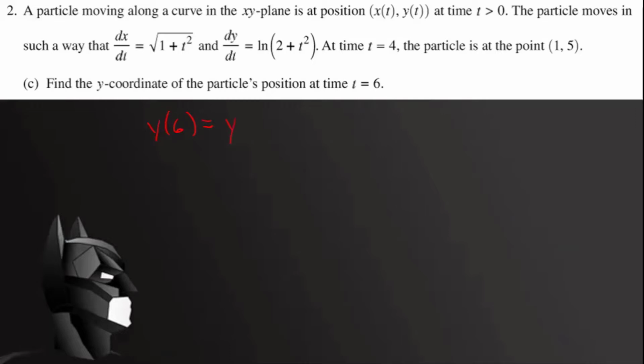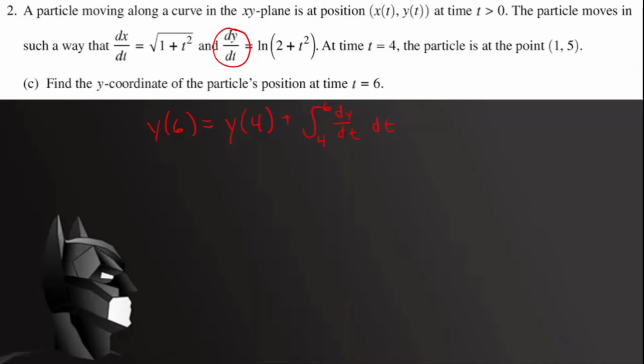So we're going to use the position at 4 seconds plus, and we need to integrate our velocity, which is dy/dt, and that will get us the position. So we integrate that. So dy/dt, we do that dt, and we do that from t equals 4 seconds to 6 seconds.